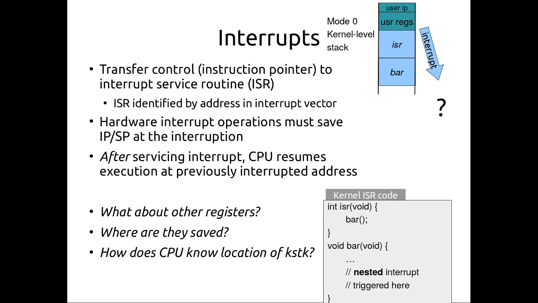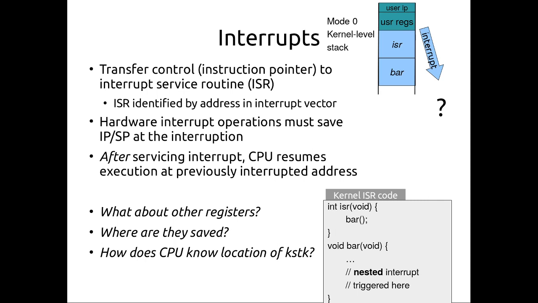I say ISR here, I apologize. That should be the syscall routine, right? And that might call bar, which in this case might be where the interrupt actually happens. So in this case, we've already been executing on the kernel level stack. So it's very much not clear what to do when we receive this other interrupt, right?